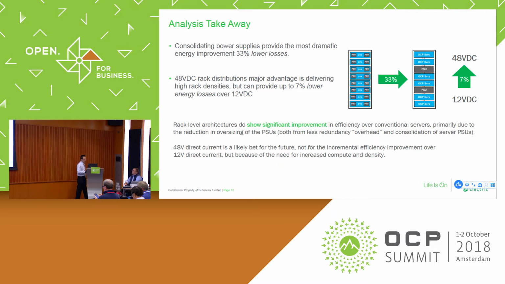And 48 volt direct current is likely a good bet for the future, as lots of companies have big investments in VR or AI. The power density is going higher and higher. So the energy improvement is some, but the power density could reach a very high level. That's in general the findings based on our analysis here.